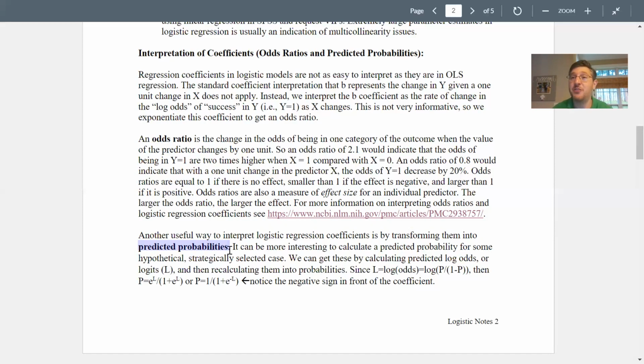We say, well, if they're held constant on all of these other variables in the model, how would changing whether they were male or female change the probability that they'll be in the retention group, or the probability that they'd actually be retained. We can calculate the predicted probability.